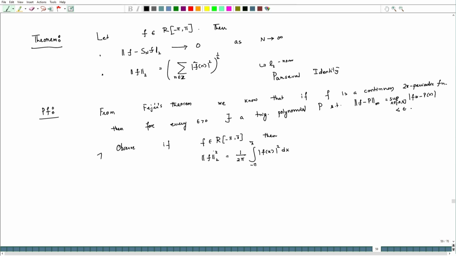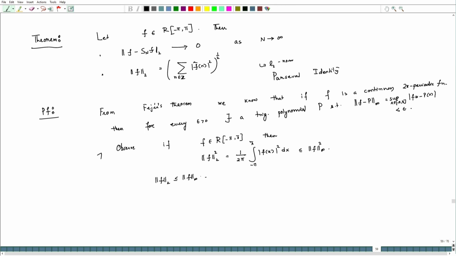Now if I pull out the supremum of f from the integral, this is less than or equal to the sup norm squared times 1 by 2 pi into 2 pi, which is equal to 1. If I pull out the square term, therefore what we have got is that the 2-norm of f is less than or equal to the infinity norm of f.